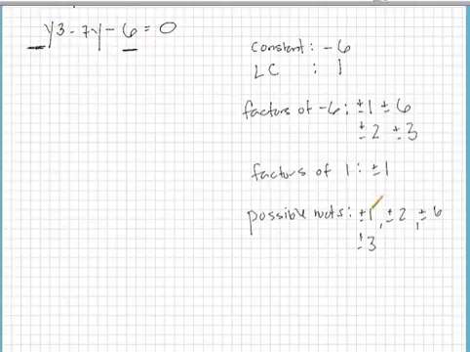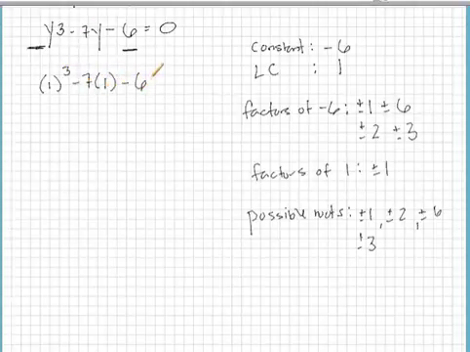If we input positive 1, we'll get 1 cubed minus 7 times 1 minus 6. That does not equal 0. It actually equals negative 12. So that's not going to work. Let's try negative 1.